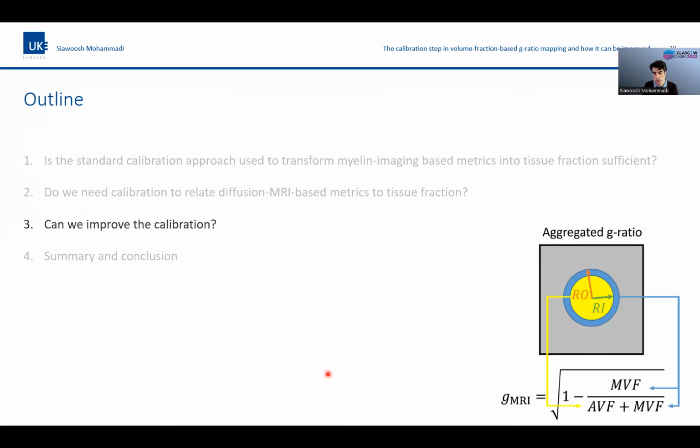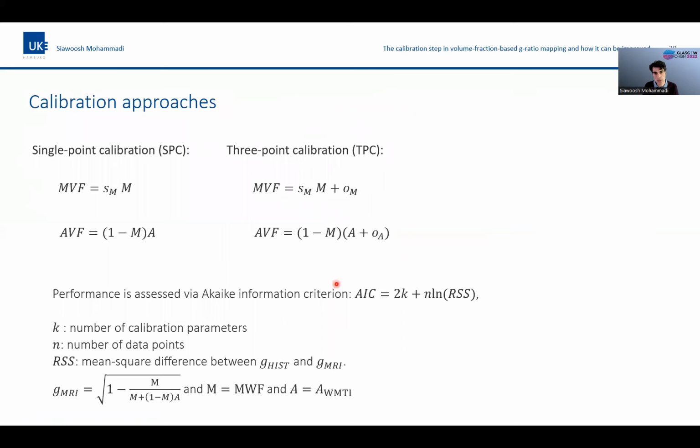Okay, so last point, can we improve the calibration? What we looked at here is a standard calibration where we have only scaling, and another calibration where we have 3 calibration parameters: the scaling on the myelin side, the offset on the myelin side, and additionally an offset for the diffusion imaging side.